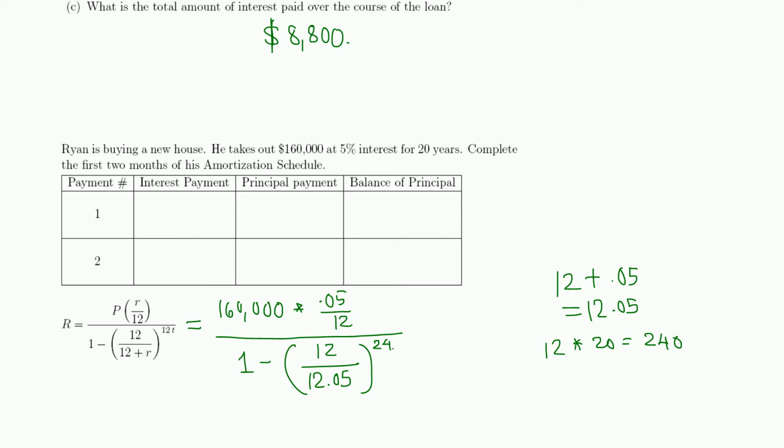So it goes 240. Now multiply the top. You multiply this with decimal 0.05 and divide by 12. Okay, you get 666.67 on the top. On the bottom, you divide 12 by 12.05 and raise that to 240.